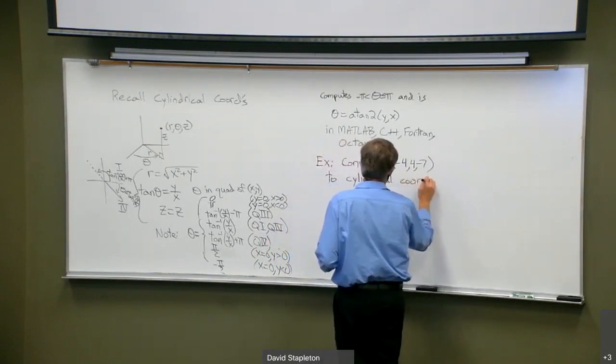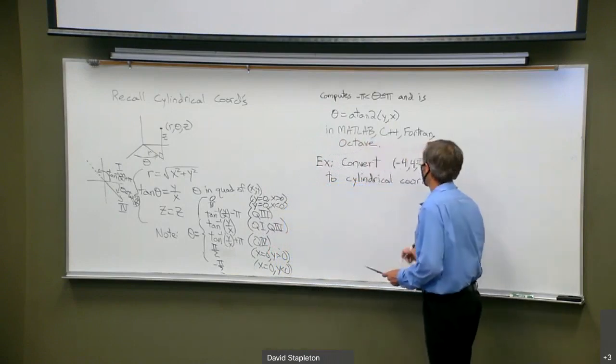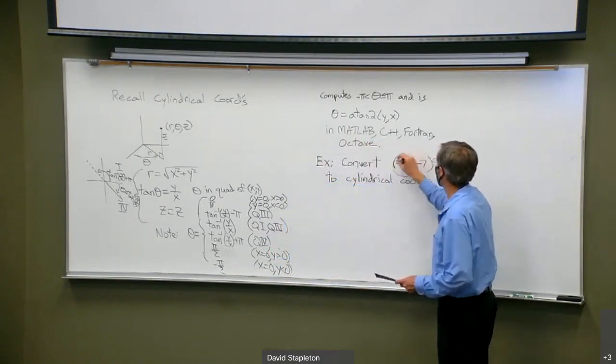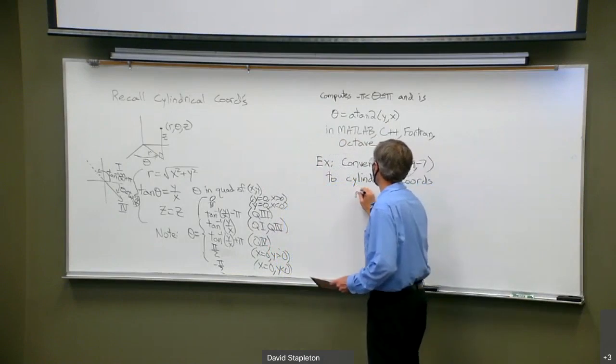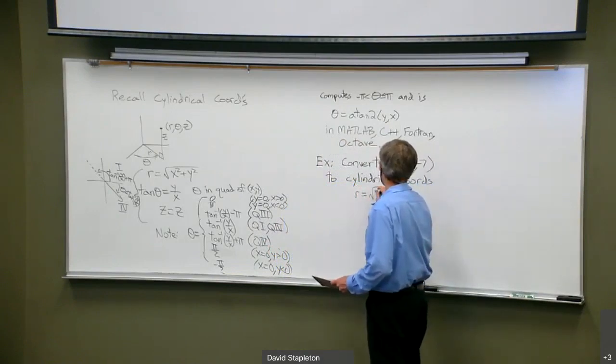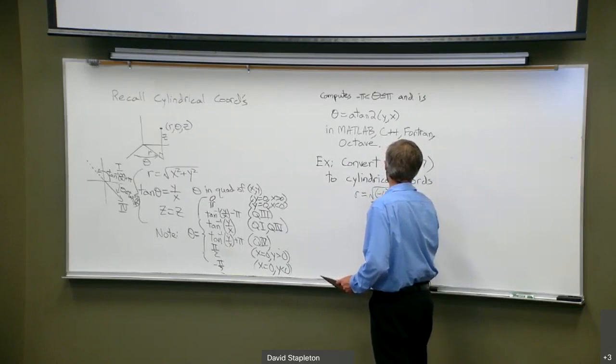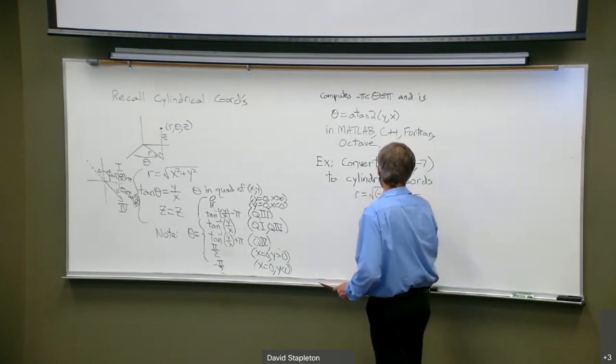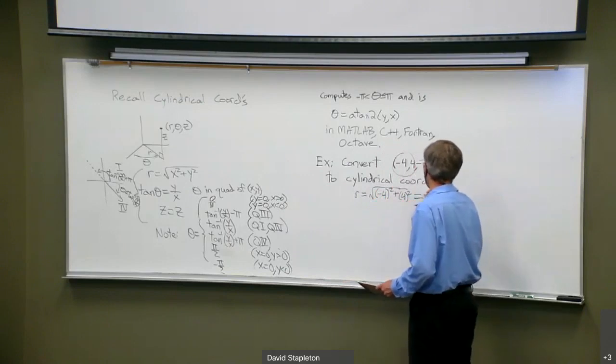What do I do? Well, I think of these as polar coordinates. And I say r equals square root of x squared plus y squared. Gives me, let's see, square root of 32 is 4 square root 2, r.